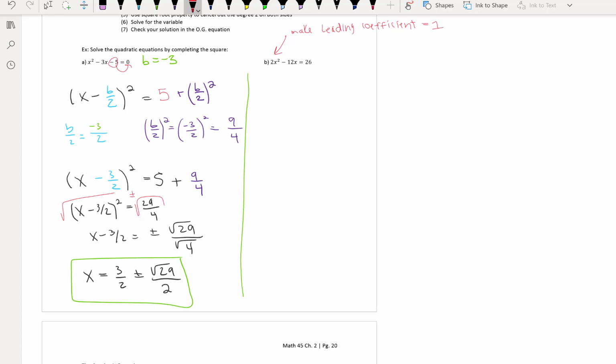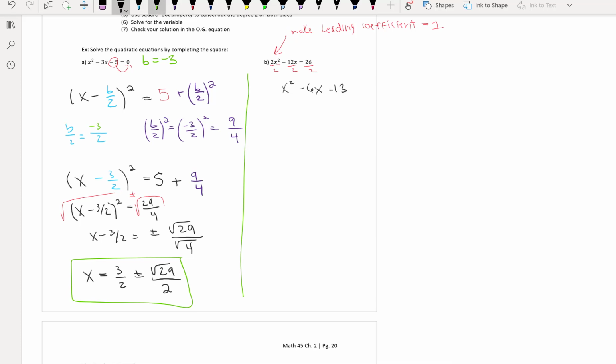If it's not equal to 1, then it's really going to be very difficult here. So what I want to do by doing that, I'm going to divide everything by 2. So that will give me x squared minus 6x is equal to a positive 13.